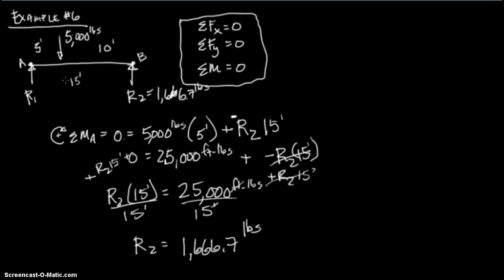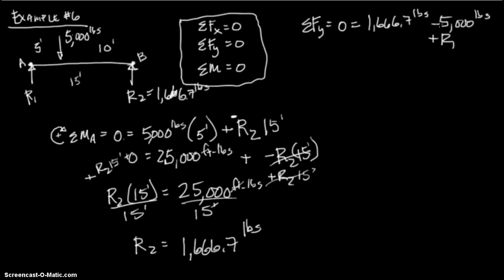Now you only have one unknown in that equation, so you can solve for R1. Sum of the forces in the y direction equals 0. And you have positive 1,666.7 pounds. You have negative 5,000. And then you have a positive R1.